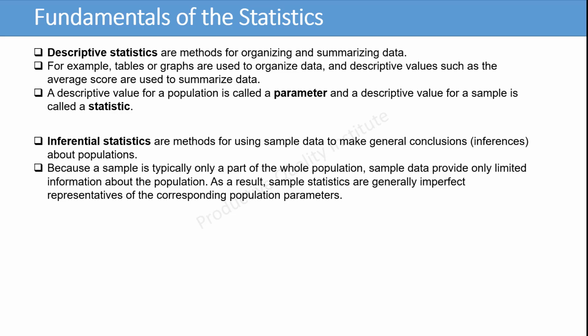Because a sample is typically only a part of the whole population, sample data provide only limited information about the population. As a result, sample statistics are generally imperfect representatives of the corresponding population parameters.